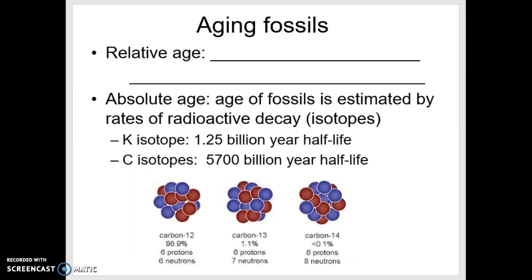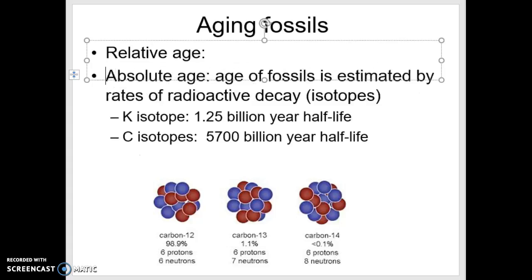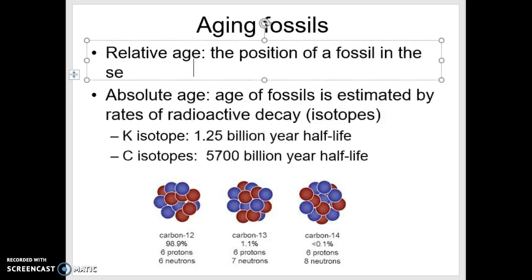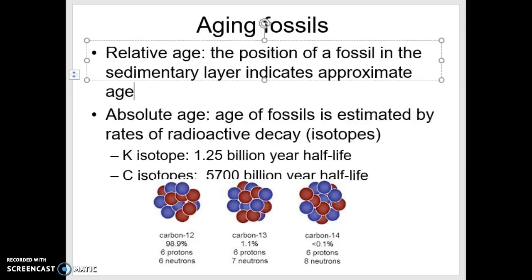Now, when we age fossils, we use two different techniques. The first one is called relative aging. The position of a fossil in the sedimentary layer indicates approximate age.